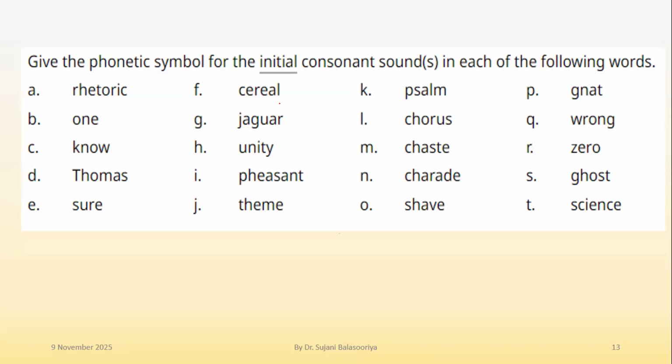Initial means the starting consonant sound, the beginning consonant sound. For that, you have to pronounce these words very clearly. Pronounce, not in mind. You have to loudly pronounce these words and identify what the first consonant sound is in each and every word. Once you identify the sound, write the symbol, and that's all.